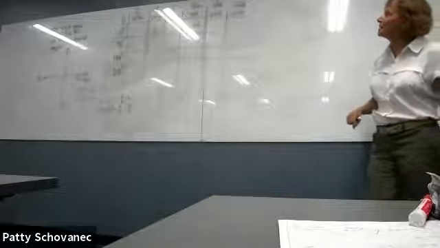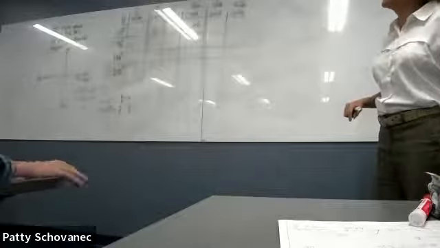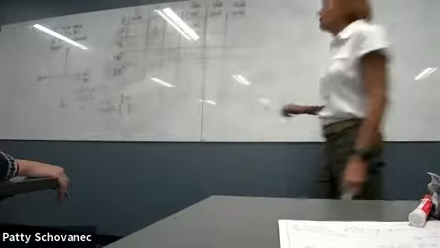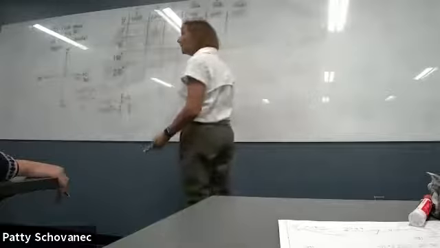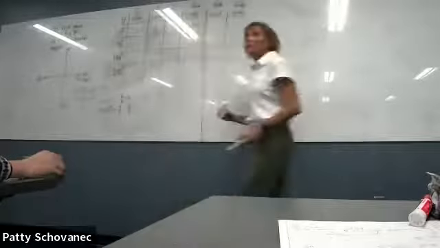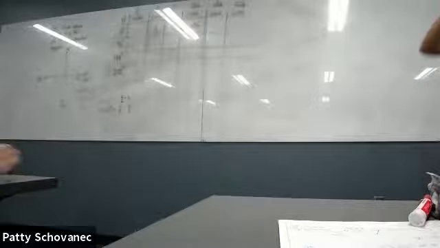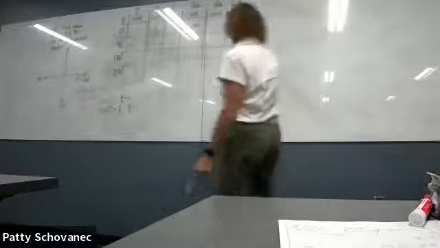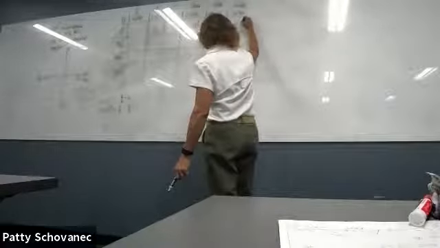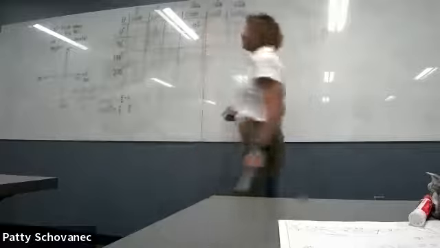Cosine is 1, so the secant is 1 over 1. That means the secant of 0 degrees is 1. What are you going to say about the cotangent of 0 degrees? That one is also undefined. Okay.